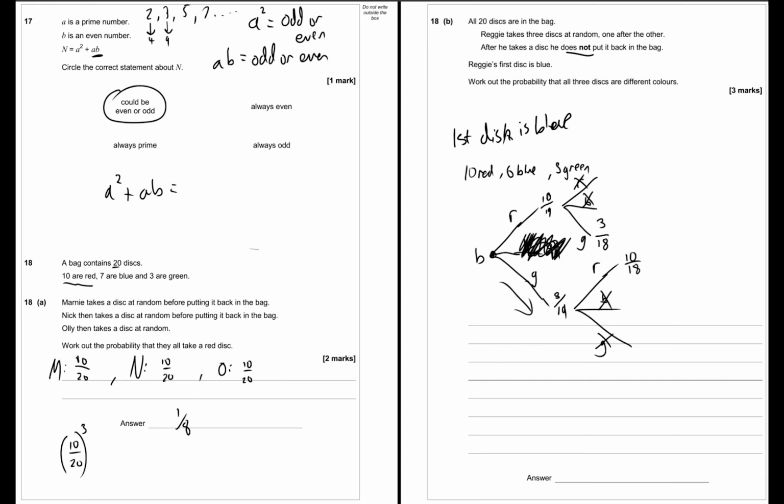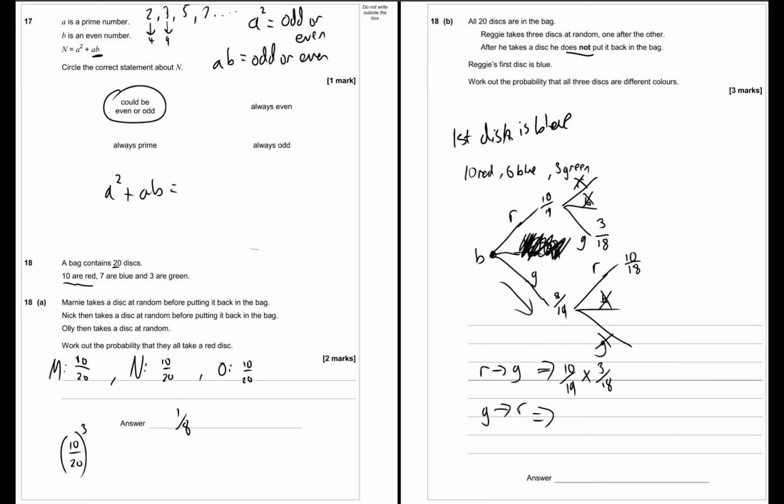Okay, so now we just need to work out these probabilities. We have 2 paths down our tree. The first one is red followed by green, and the second one is green followed by red. So it's going to be 10 over 19 times 3 over 18.